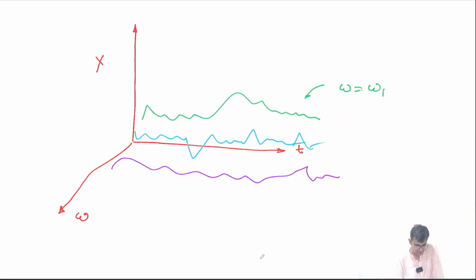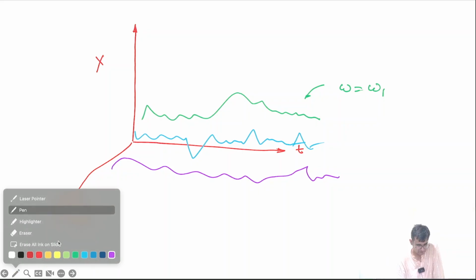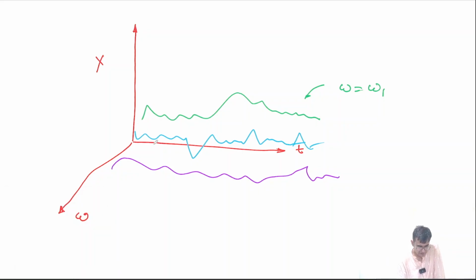Let us go one step ahead. Let's take this point and call it T1. At T1, this is my value, this is my value, this is my value. If I take these values, and I might have an infinite number of samples, what is this? It is not a Gaussian process.